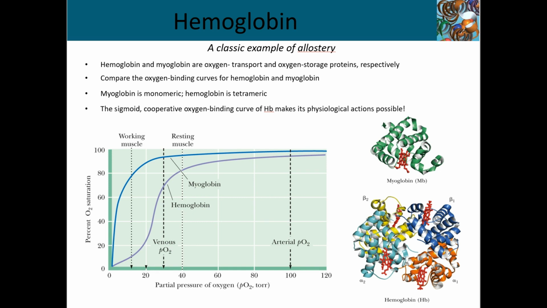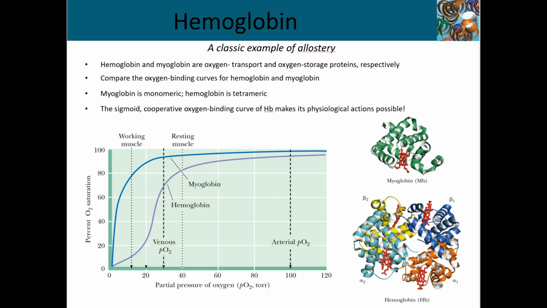So if we look at these binding curves just below, where we're looking at myoglobin in blue and hemoglobin in purple, you can see a very, very different kinetic for the way it's interacting with the oxygen.